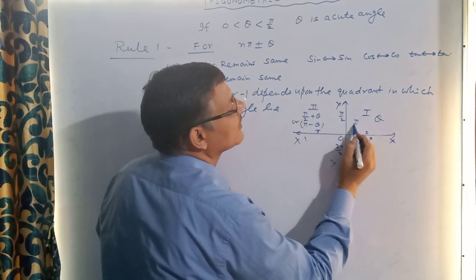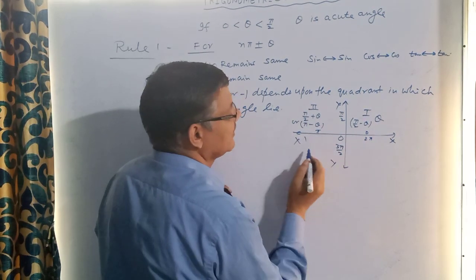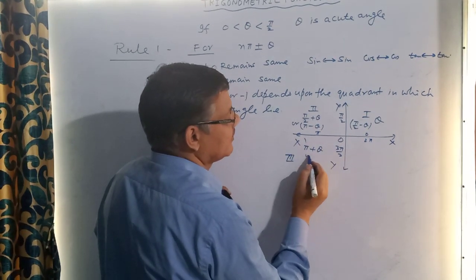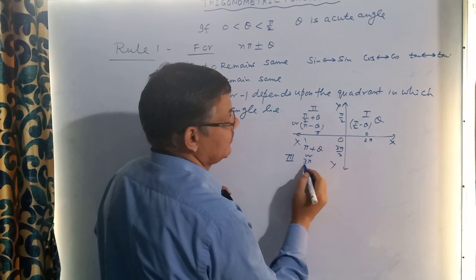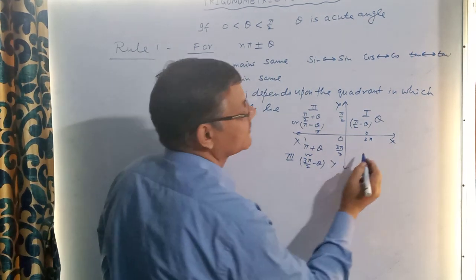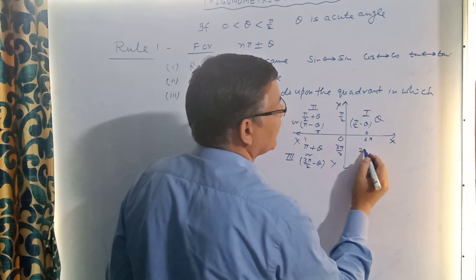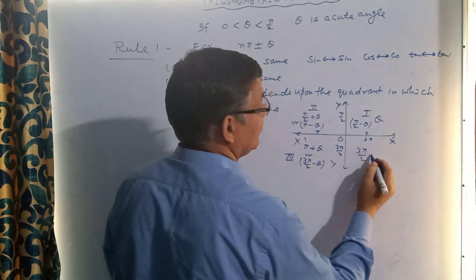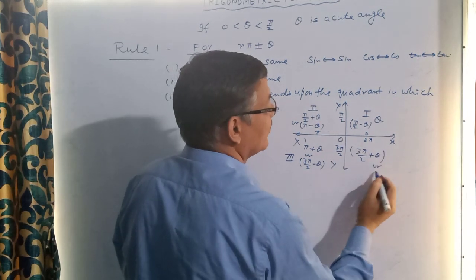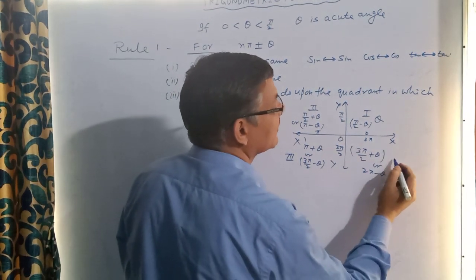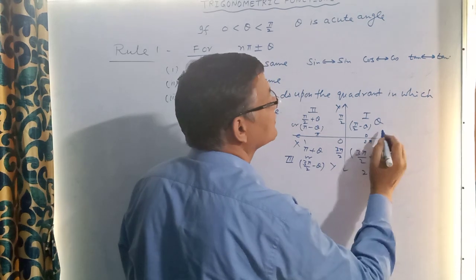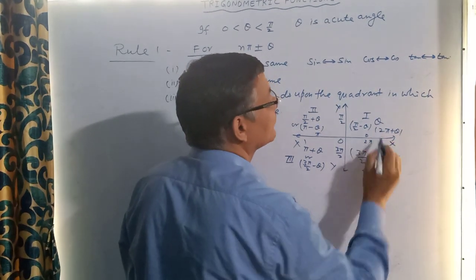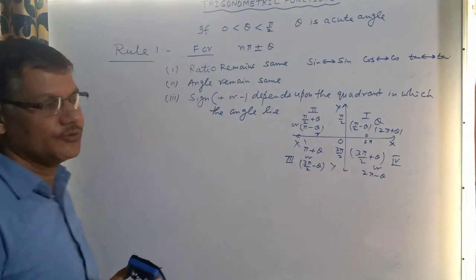In the third quadrant, it is pi plus theta or 3 pi by 2 minus theta. Actually, first write 3 pi by 2 plus theta, or 2 pi minus theta, that is the fourth, and it is also 2 pi plus theta. This is your quadrant distribution.